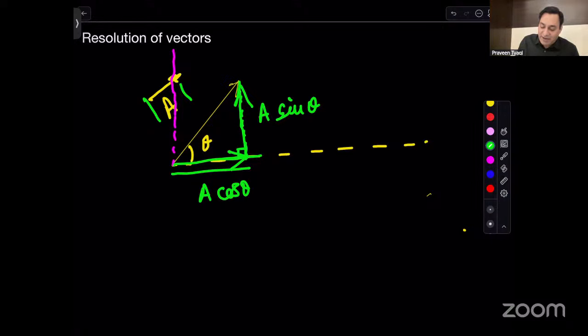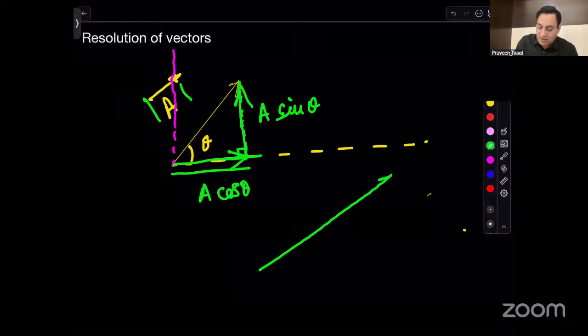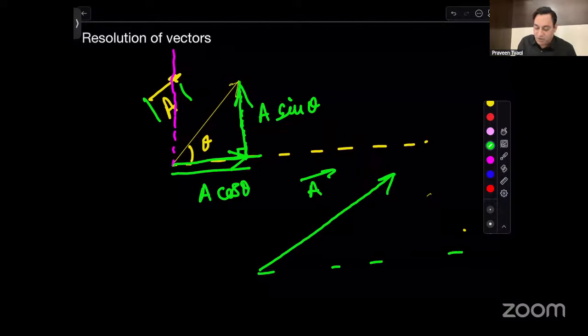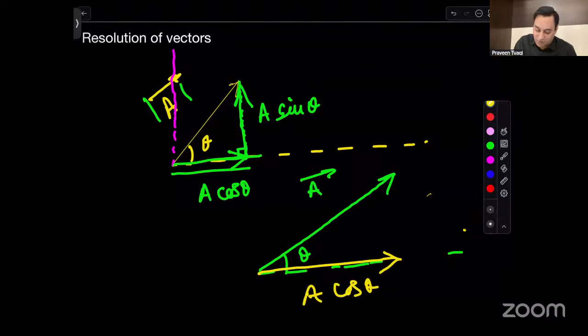So if you have any vector, suppose vector A, and you want to break it into two components, and the direction in which you want one component is making an angle theta with it, the component of this vector in this direction will be A cos theta, and the component which will be perpendicular to it will be A sin theta.